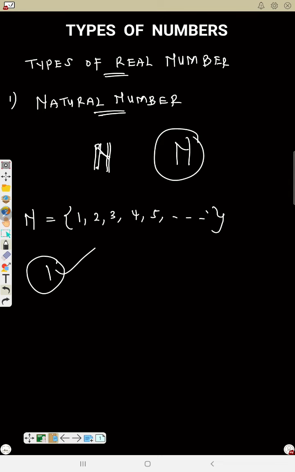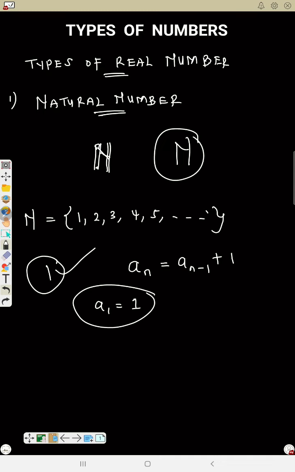Natural numbers are non-negative numbers, that is, they are positive numbers. The equation format of natural numbers is given by a_n = a_(n-1) + 1, where a_1 is equal to 1, that is the lowest natural number.